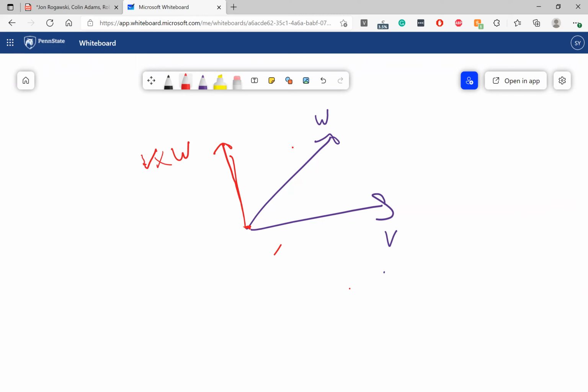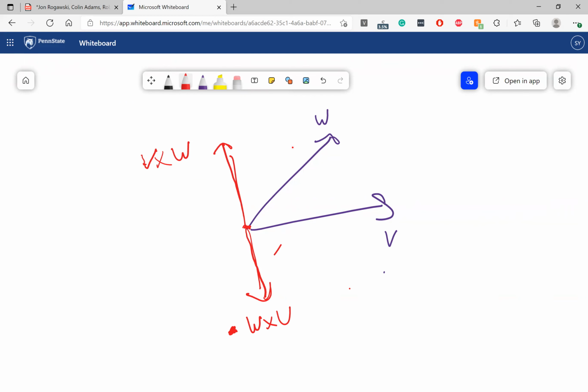And I know that this other vector is W cross V, because now your vector is going in the opposite direction. You're putting your index finger in the W direction, the back of your hand in the V direction, and your vector is going down.